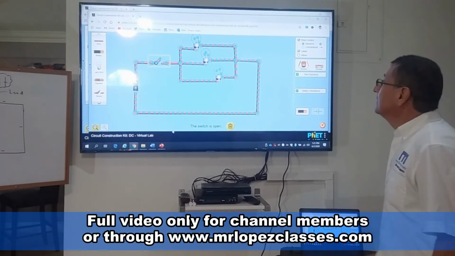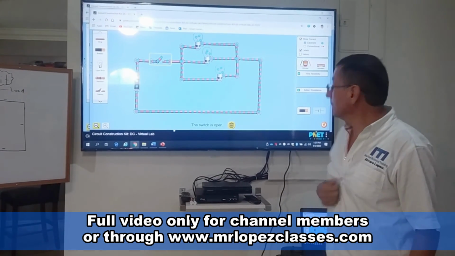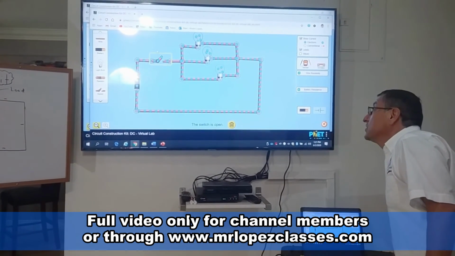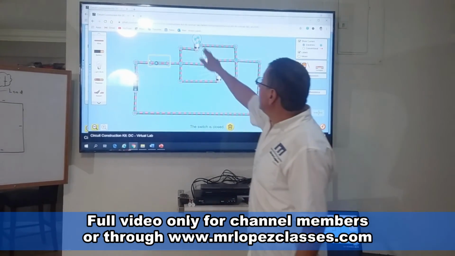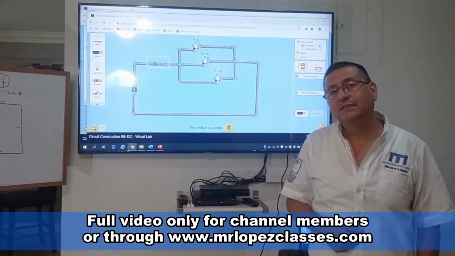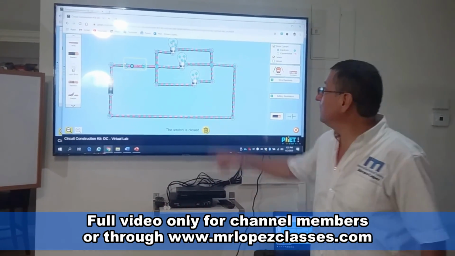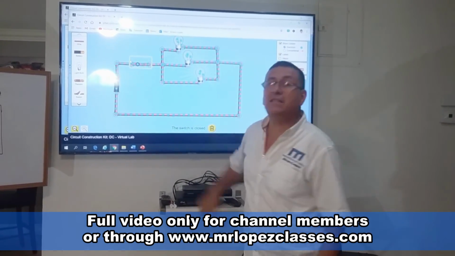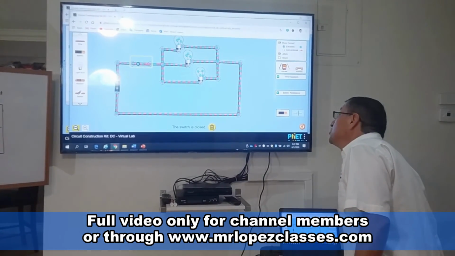Like this, I have a parallel circuit with 3 lights. Okay, when I close the switch, when I close the contact, all the lights are on. What happens in a parallel circuit like this if, for example, the light bulb in the middle is broken? Let me check.